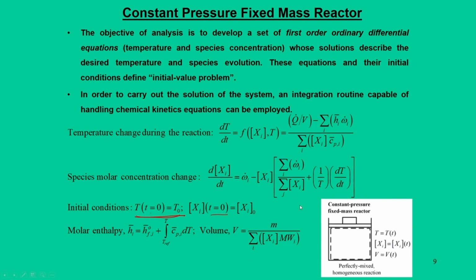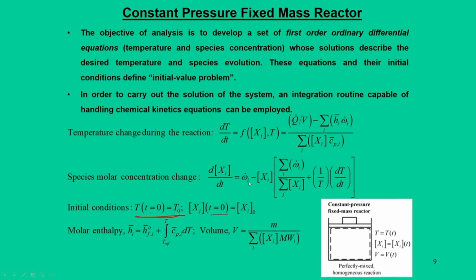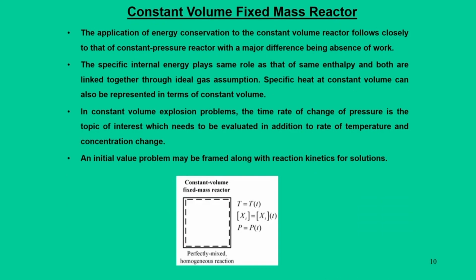We need to do some kind of programming which can be coupled with the chemical kinetic reactions to solve these equations. We are not going further deep into it because it is a completely different research problem and is not in the purview of this course.